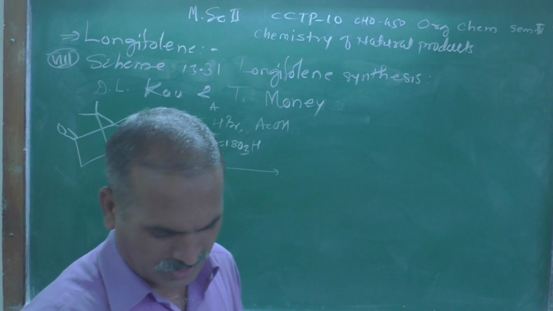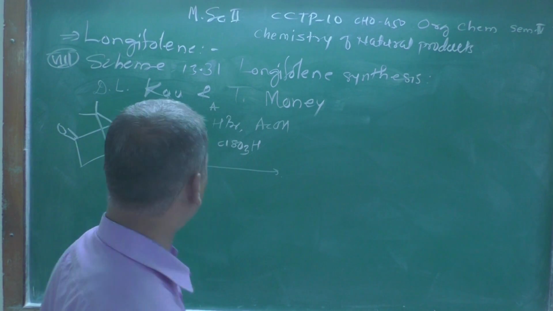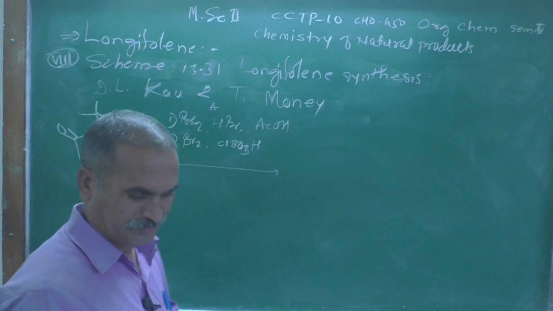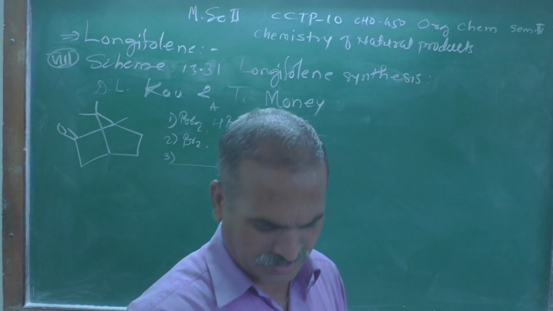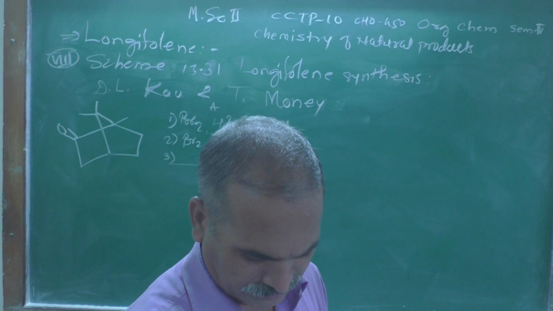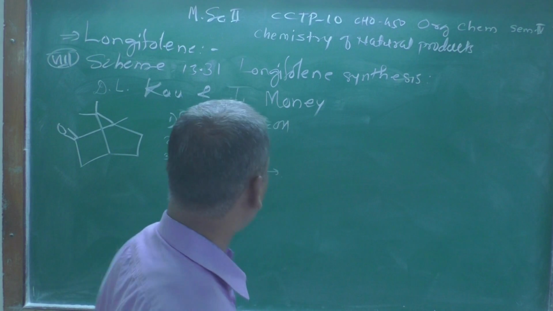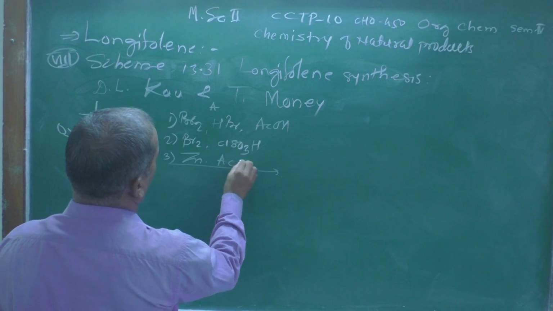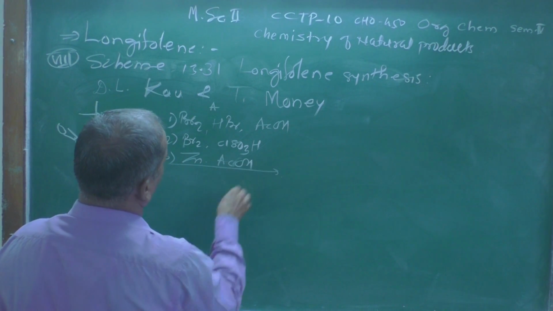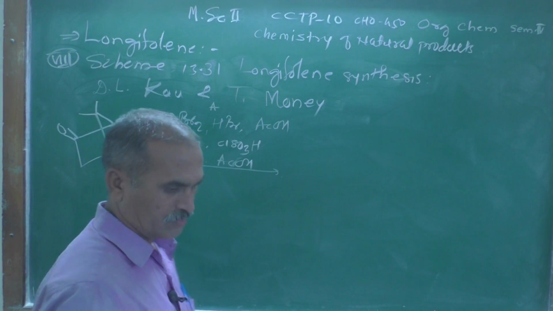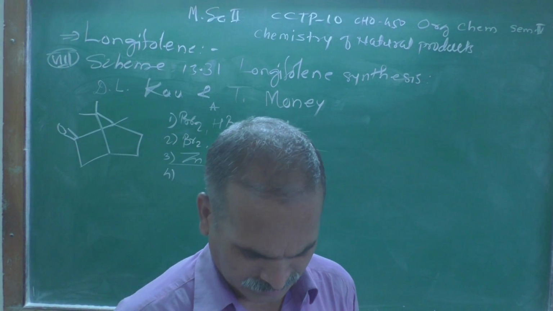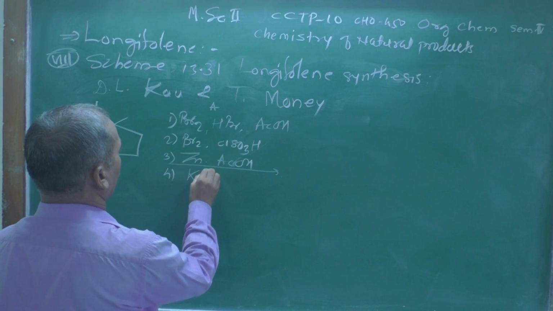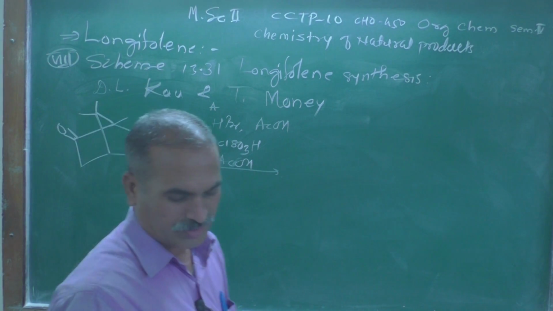The third successive reagent added over here is zinc in the presence of acetic acid, AcOH. Then the fourth reagent is KI, potassium iodide.